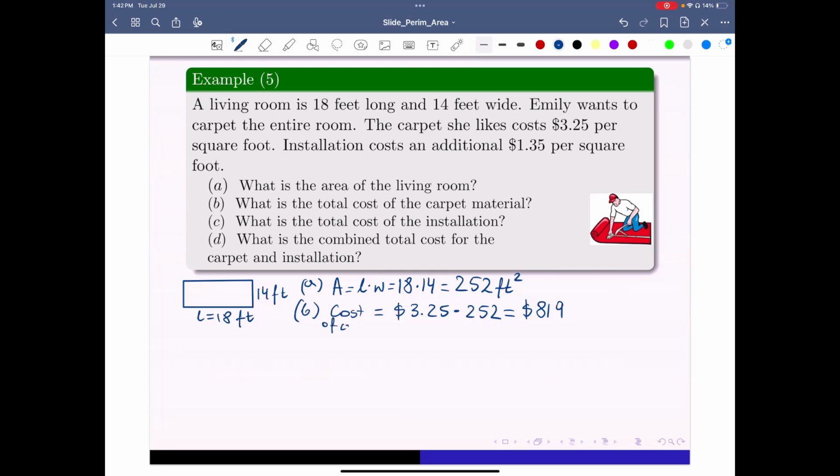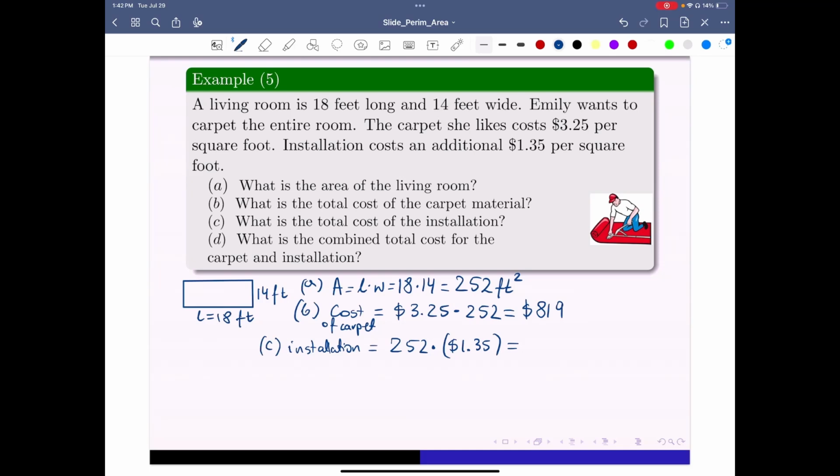And part C, installation cost would be the same square foot, 252 times, but in that case we have $1.35.